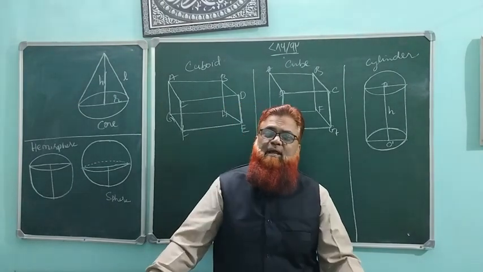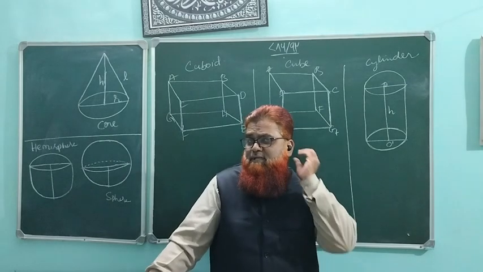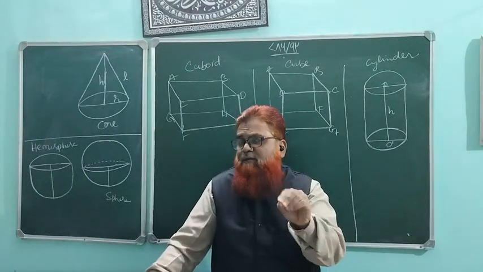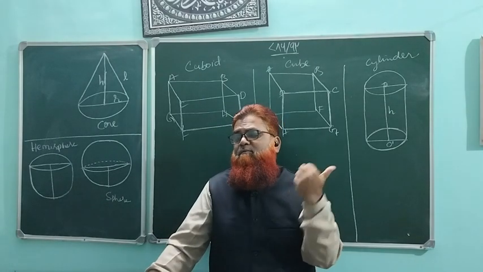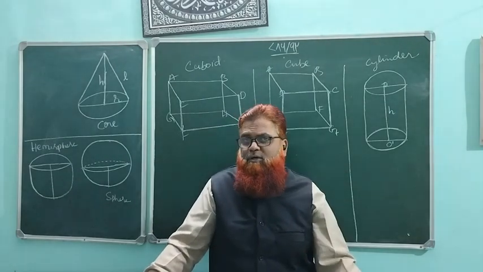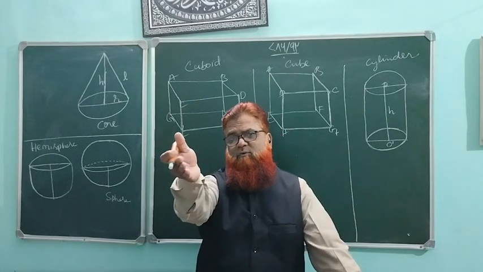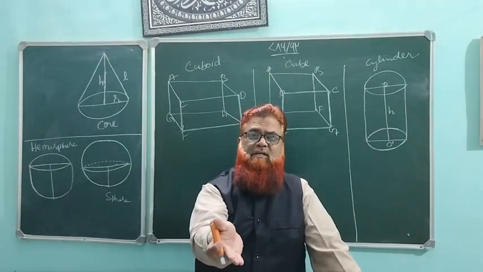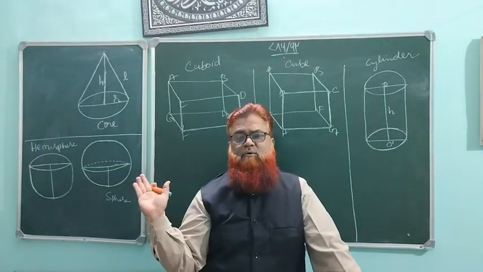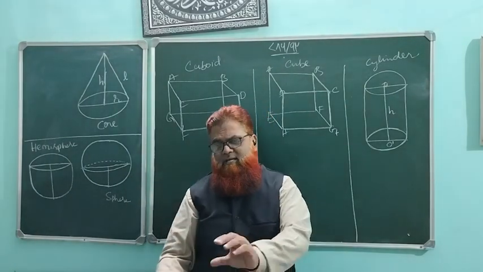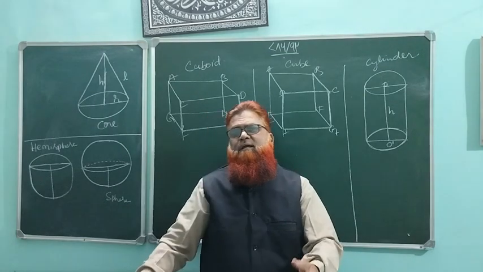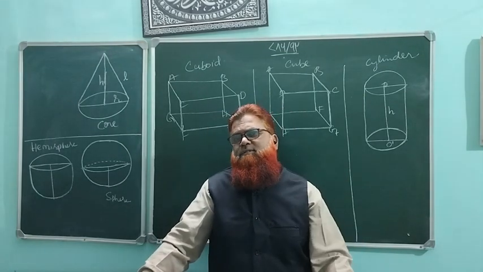So without any further delay, I took this introduction because I wanted to let you know what happened with my previous video, area related to circle. Once again, my request to all viewers: please go and search in the playlist of my Learn Easy Maths channel, and you will get area related to the circle.